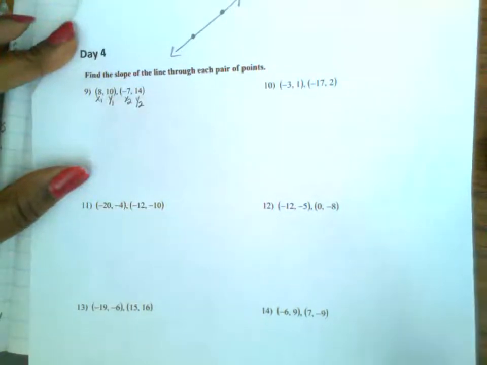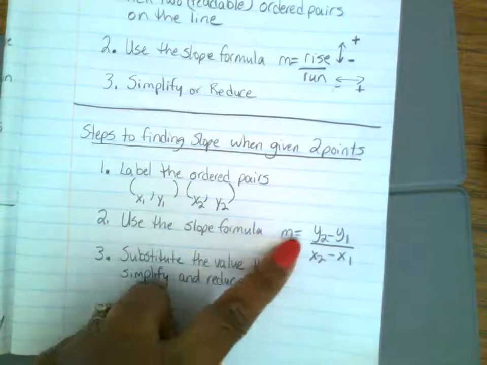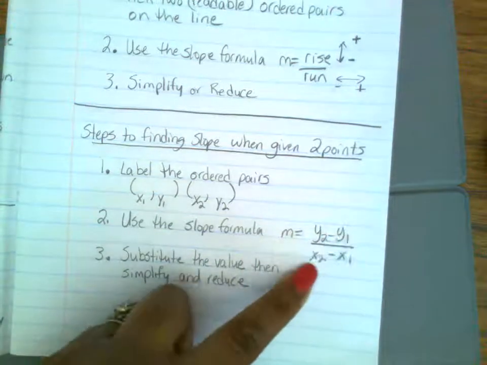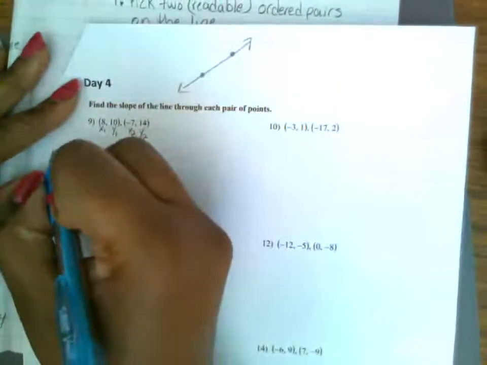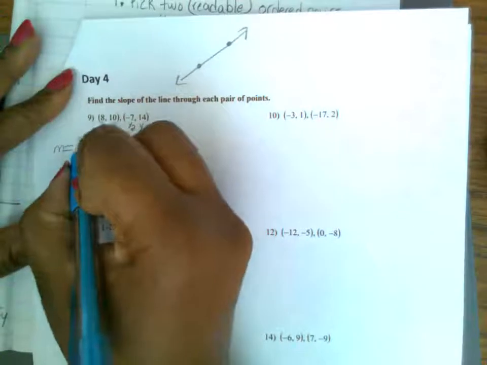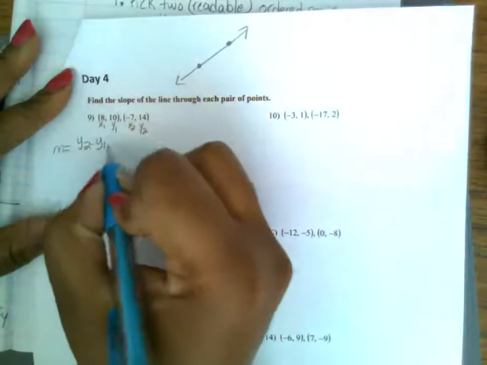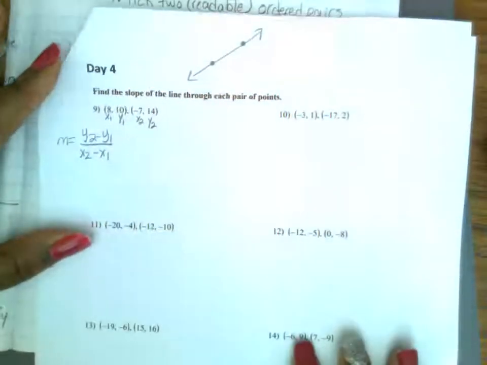The second step, use the slope formula, y2 minus y1 over x2 minus x1. So we write that. Please make sure that you copy this part down. Y2 minus y1 over x2 minus x1.